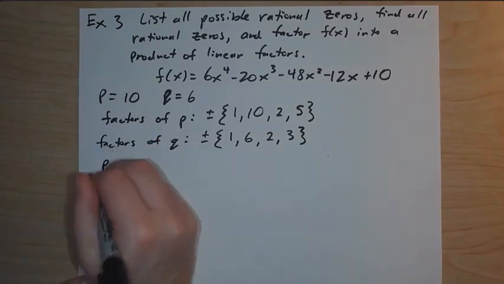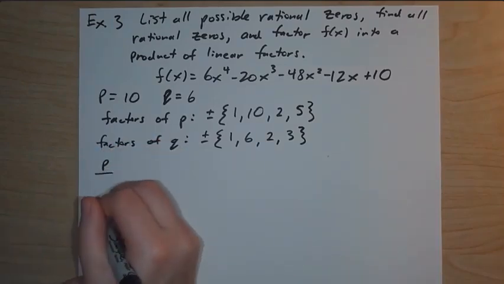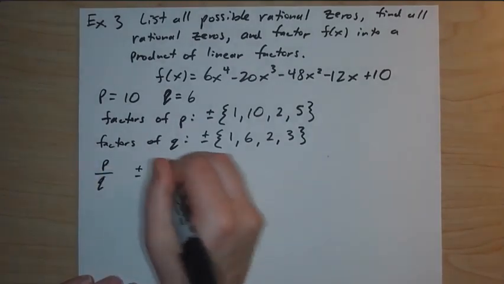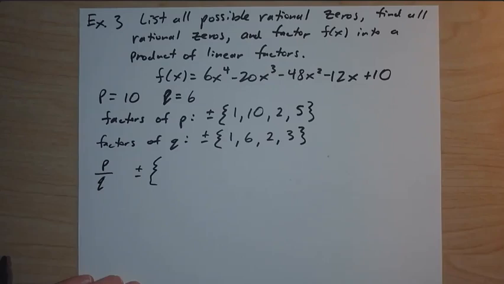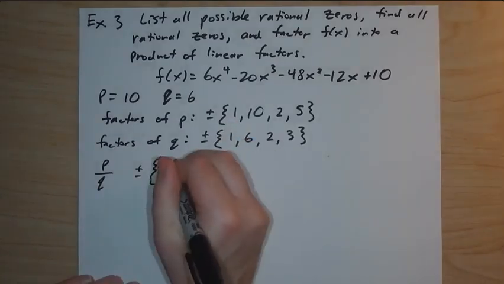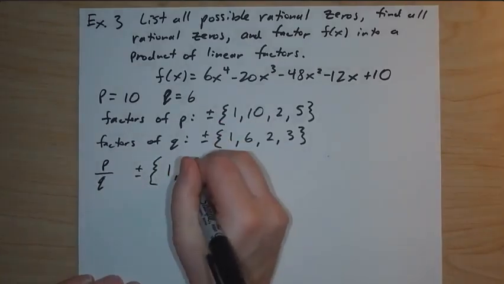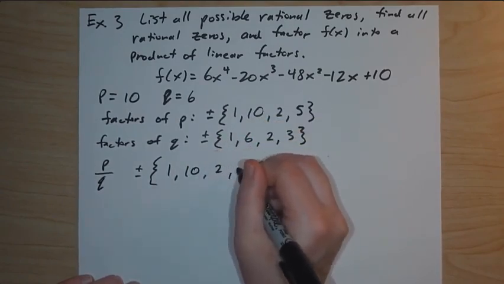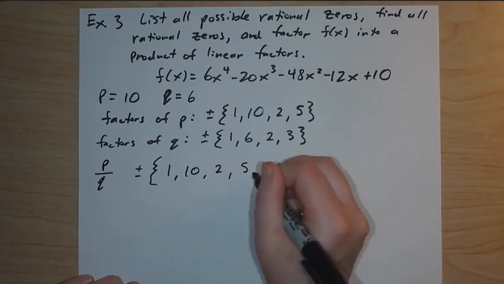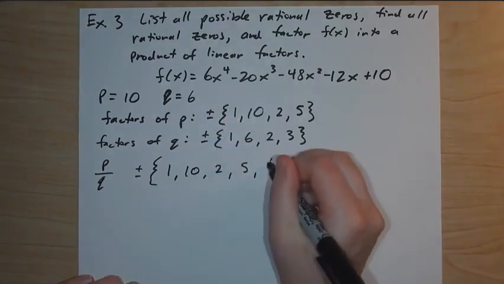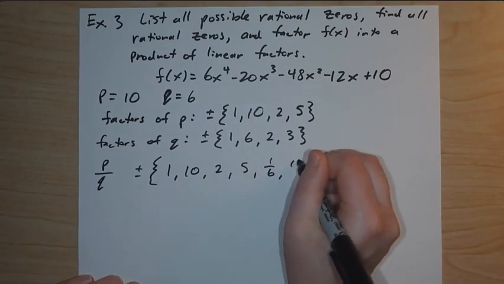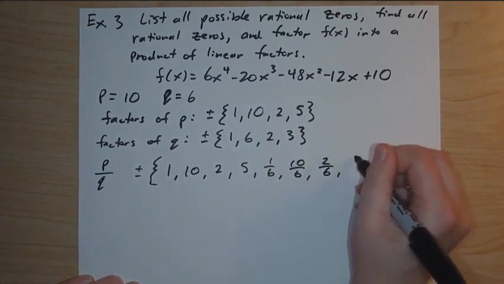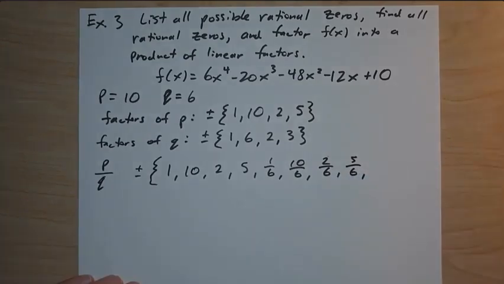So we're going to look at all the factors of P and divide it by all the possible factors of Q. This is a plus minus list. So essentially it's all combinations. We're going to have 1 over 1, which is 1, 10 over 1, which is just 10, 2 over 1, which is 2, and 5 over 1, which is 5. And then moving on, we're going to 1 over 6, 10 over 6, 2 over 6, 5 over 6, and so on and so forth.